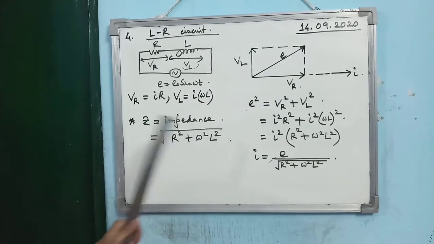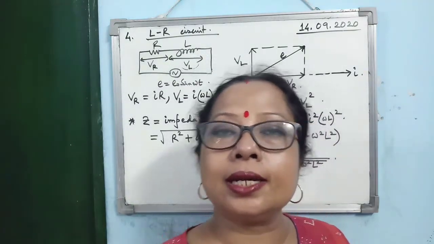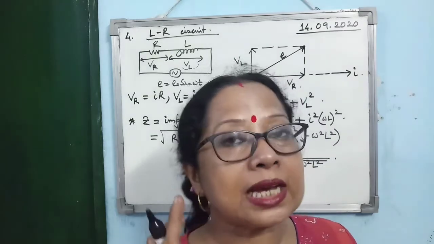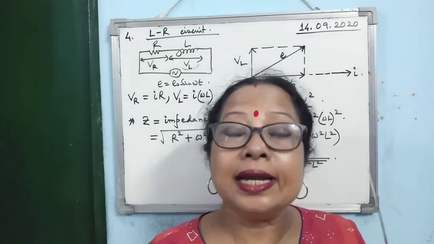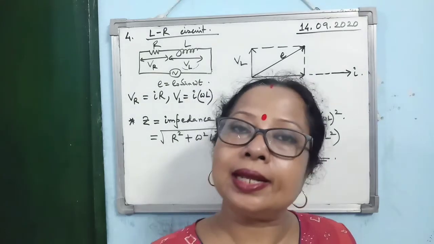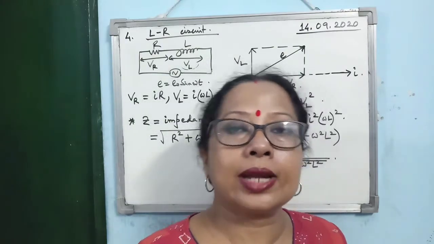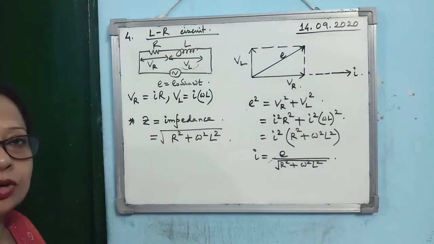Impedance is the resistance offered by the combination of R and L. When there is only a single component, the resistance is associated with the term reactance. But when it is a combination of two components, the resistance is known as the impedance, and impedance is always denoted by Z.